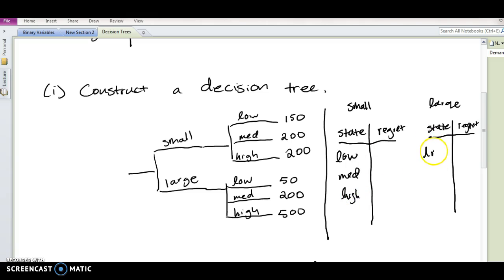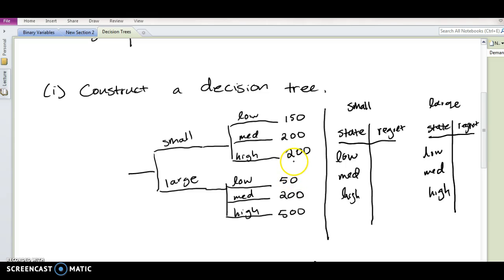So again, low, medium, and high. For the regret, we're going to look at the best possible scenario given the low marketplace state. So for instance, if we look at the low state, small has 150 in the low state and large has 50 in the low state.